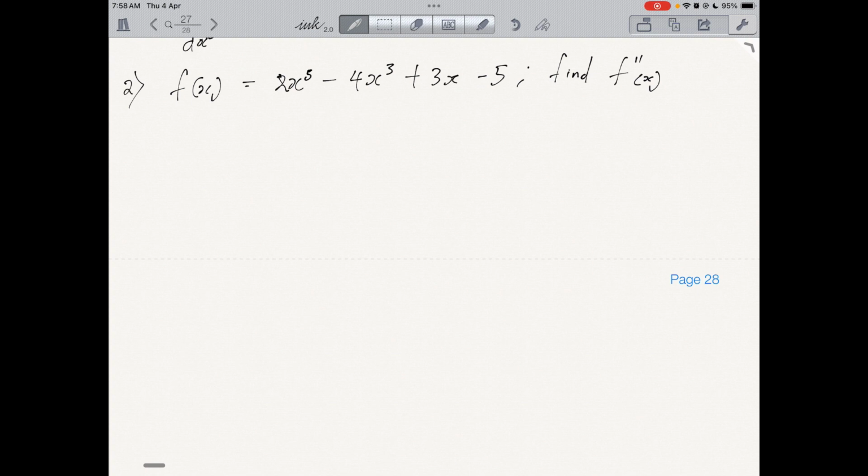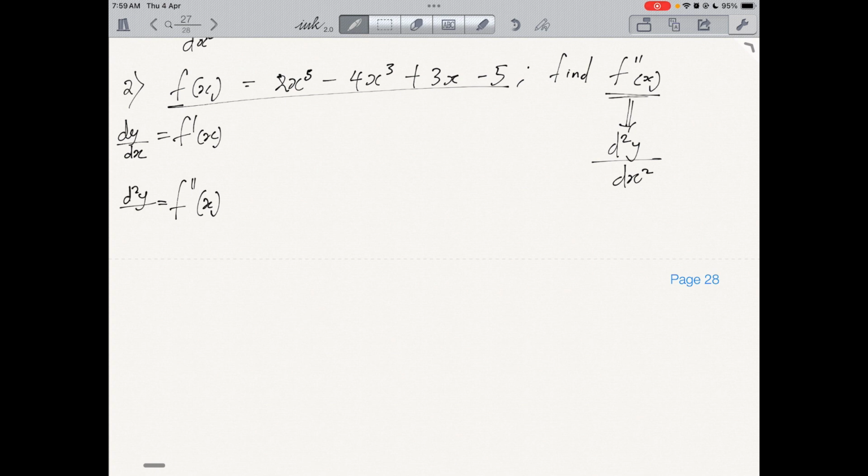Now this f double dash is the same thing as writing d squared y/dx squared. That means we are going to differentiate f of x 2 times. In that case, let's differentiate the first time, and secondly, the second time, because this is an expression for dy/dx, and this is an expression for d squared y/dx squared.